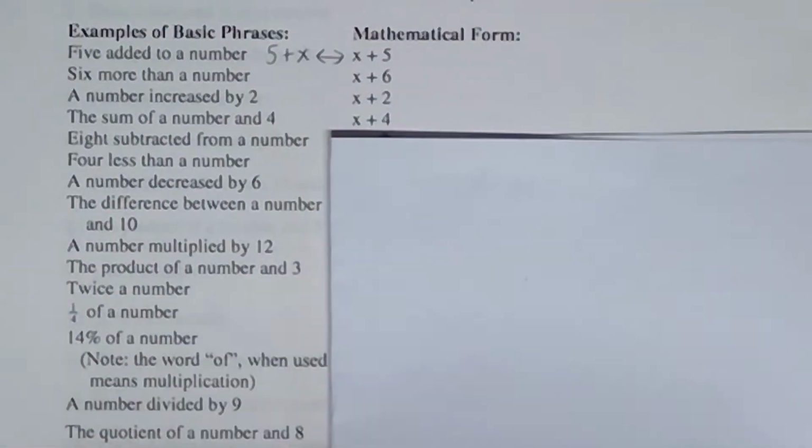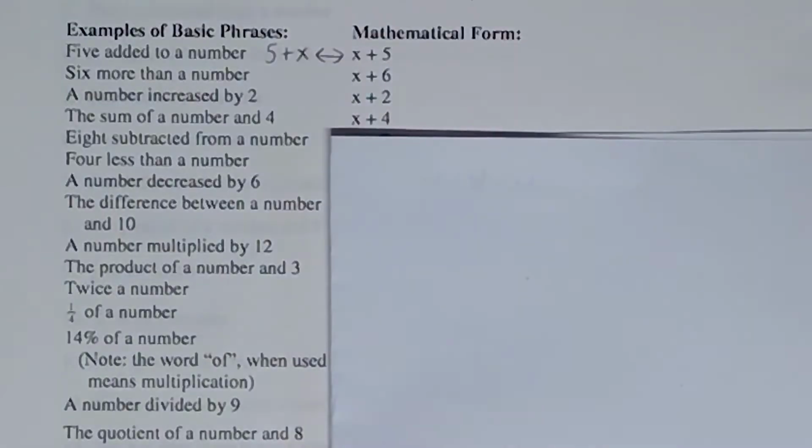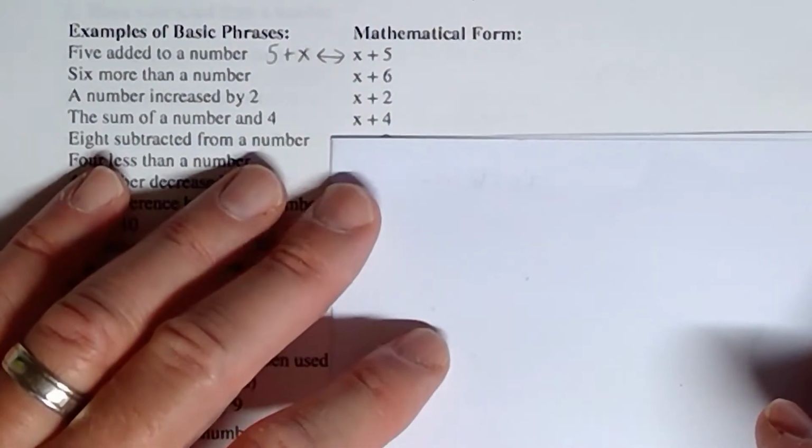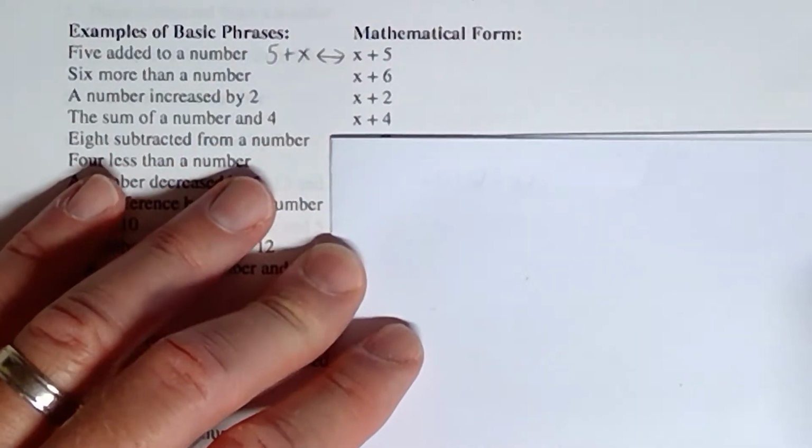A lot of times when I'm not 100% sure of what some of these phrases mean, I'll relate it to something that I already know from a real life situation outside of a math class, and it'll help me be more certain about it. For example, money. We all can relate to money, right?